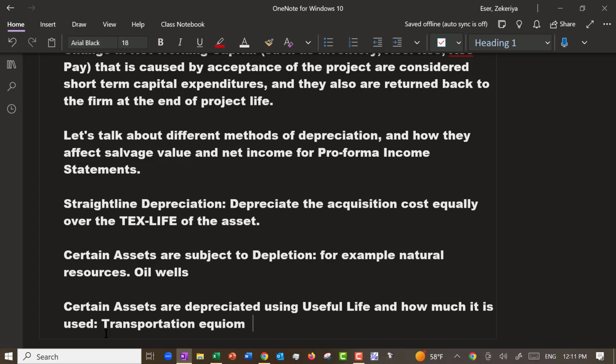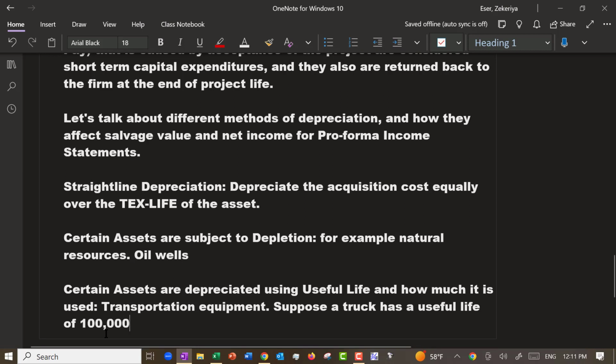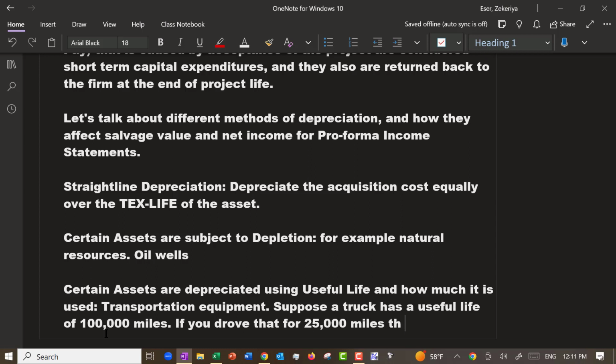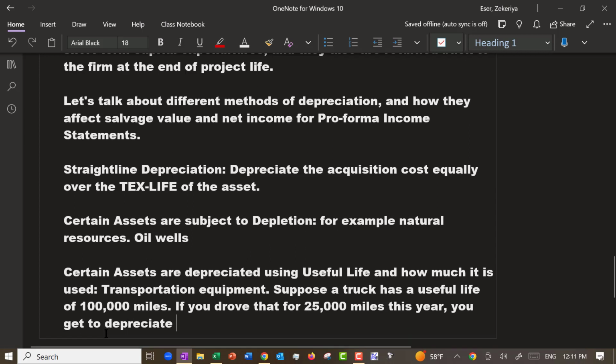Suppose a truck has a useful life of 100,000 miles. If you drove that for 25,000 miles this year, you get to depreciate 25% for that year. Next year, you drive only 10,000, then you get to depreciate only 10% until you reach zero.